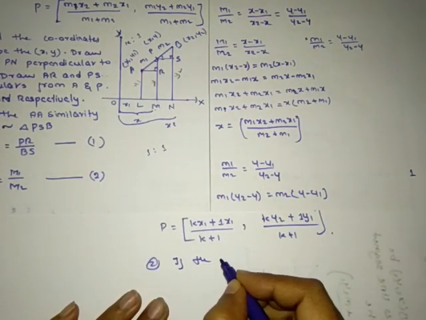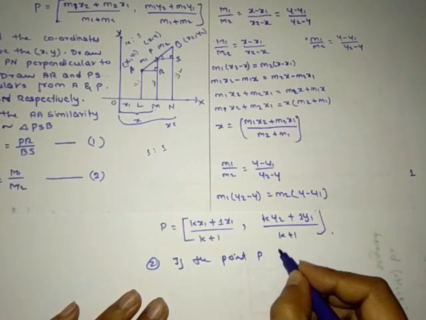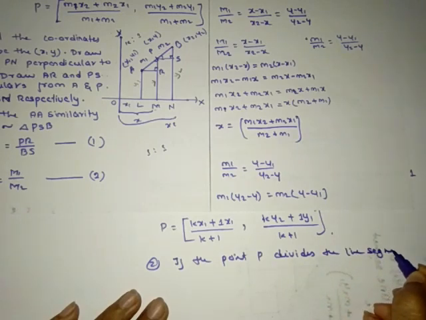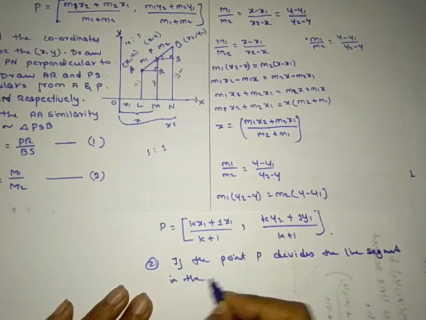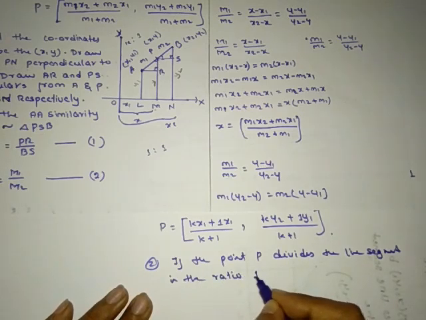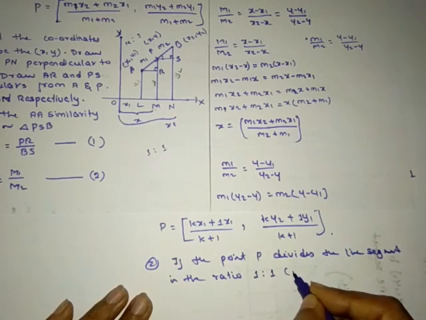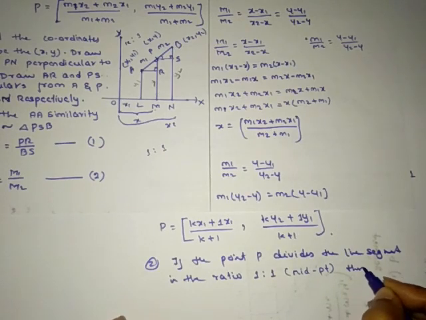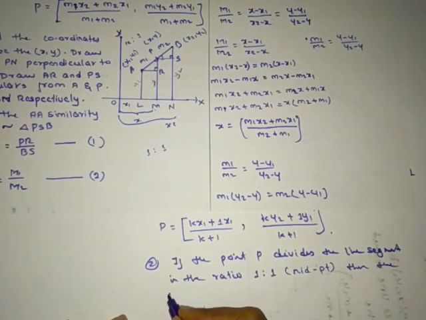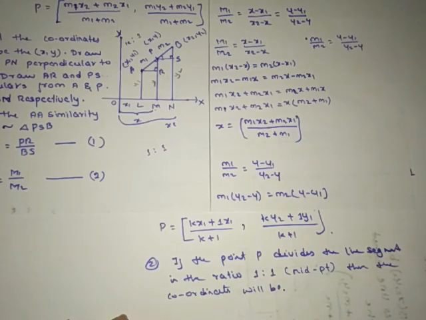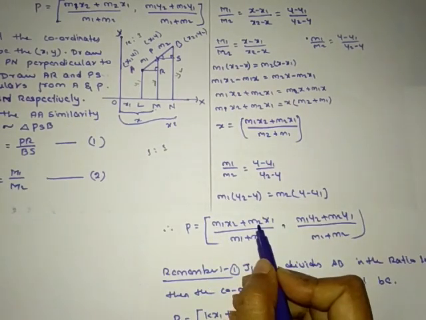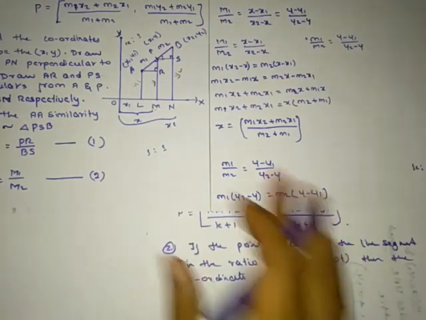If the point P divides the line segment in the ratio 1 is to 1, or else you can write midpoint, then the coordinates will be, again we'll substitute here, in place of m1 and m2 the value 1 and 1. We'll refer to this formula.